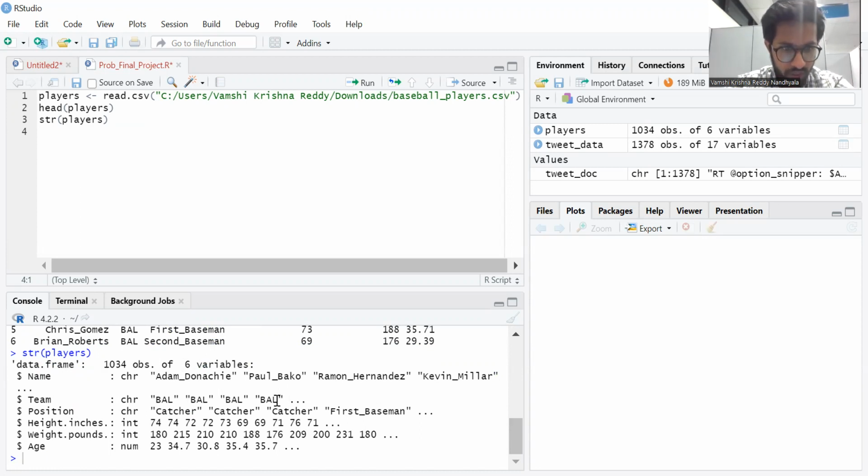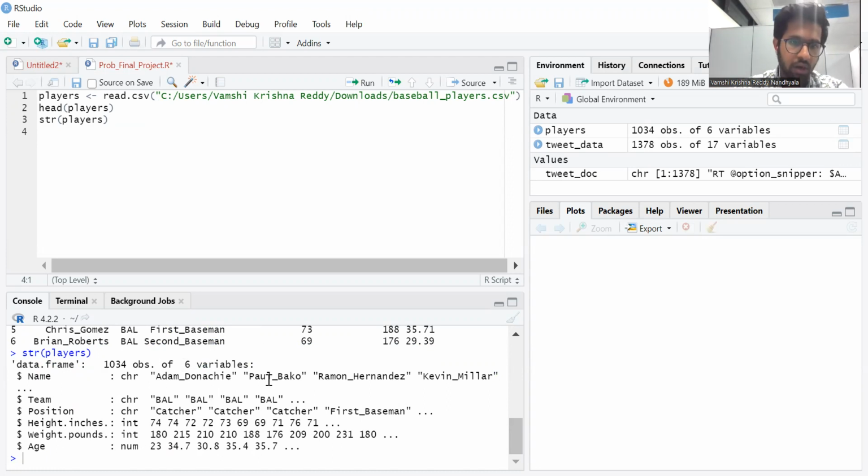So we can perform some actions on age, height, and weight, and also classify the players based on position, like catcher or first baseman. So that's what our data set is.